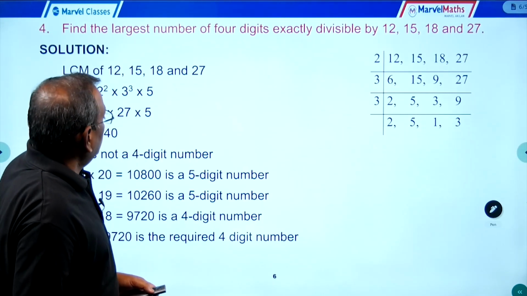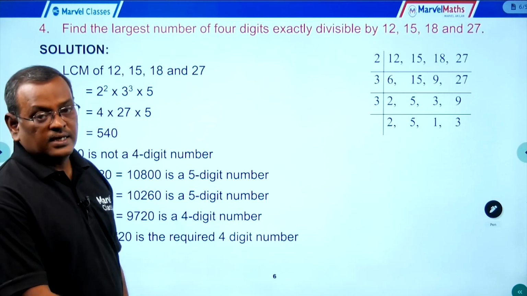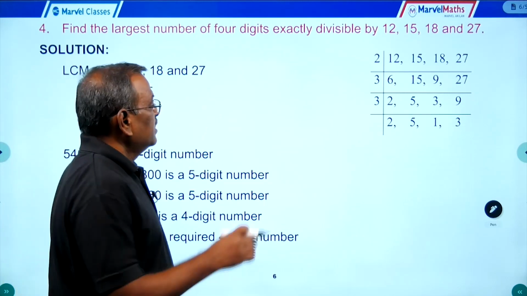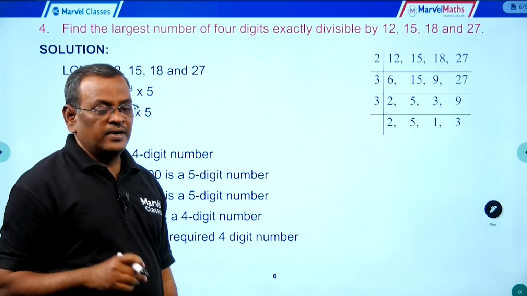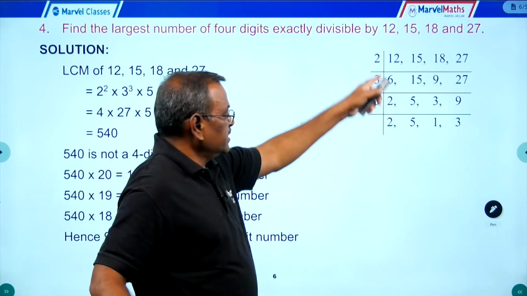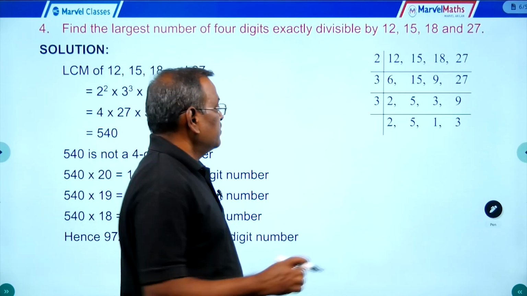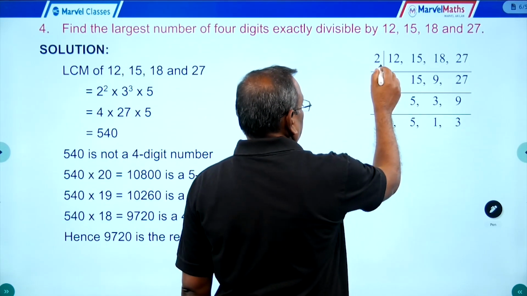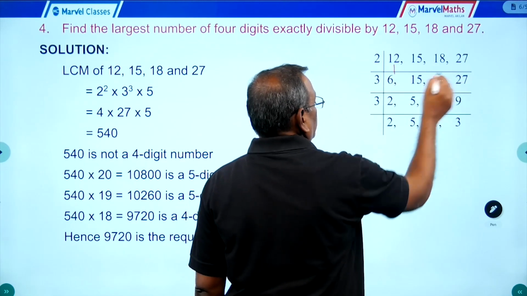Next. Find the largest 4-digit number exactly divisible by 12, 15, 18 and 27. First take these 4 numbers. Instead of finding separate prime factorizations, you can find prime factorization at a time whenever the problem is related with only LCM. So first by the first prime number 2: 6 times 15 as it is, 9 times 27 as it is.